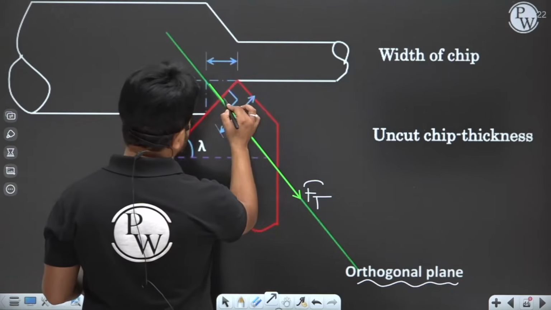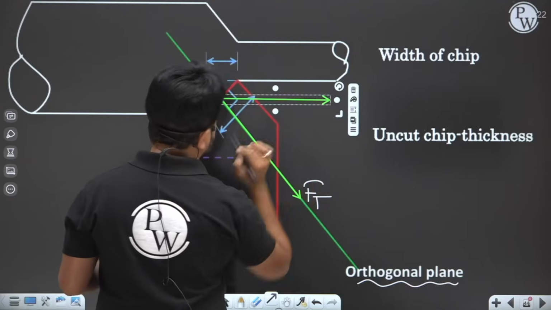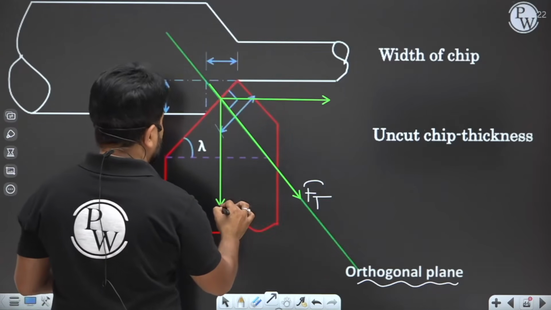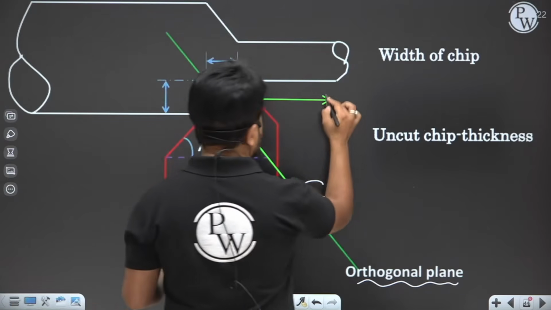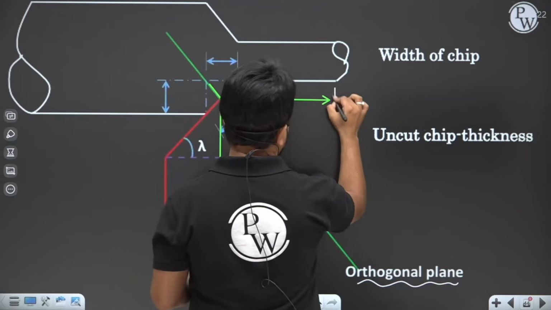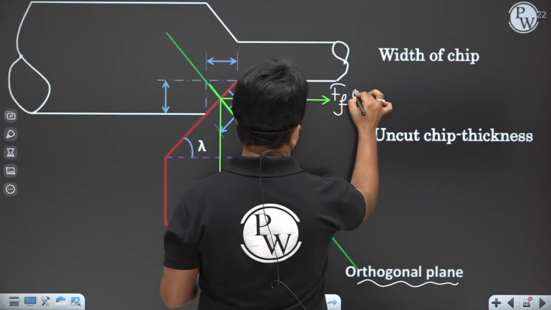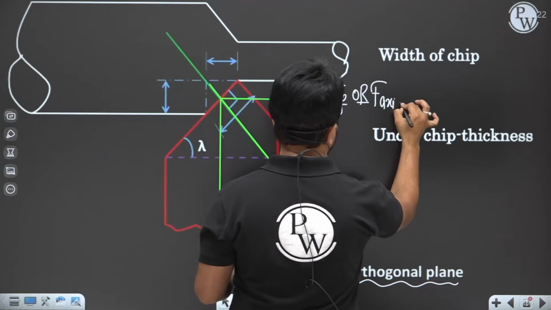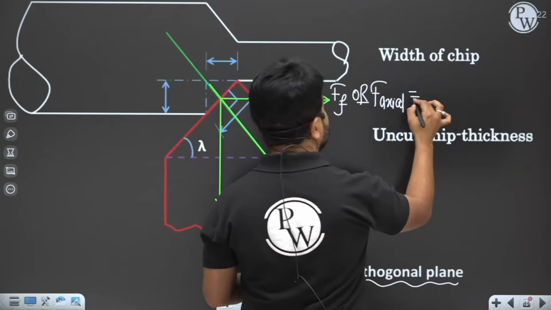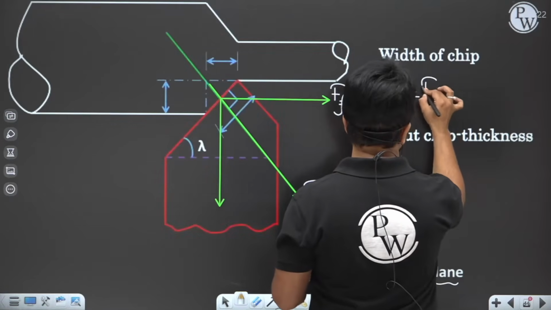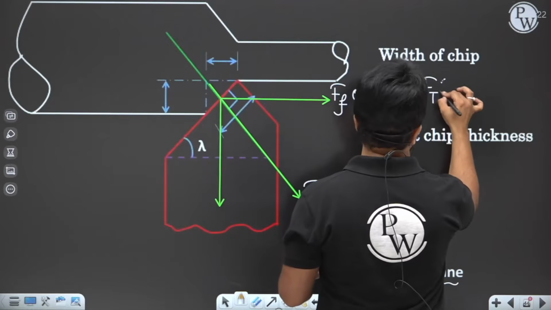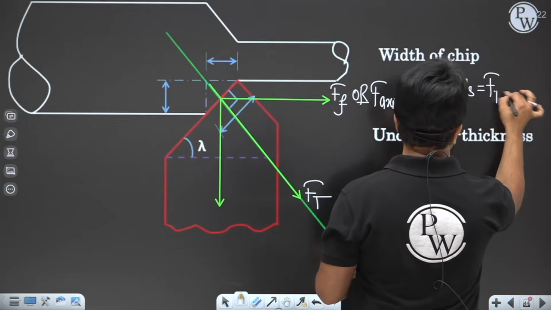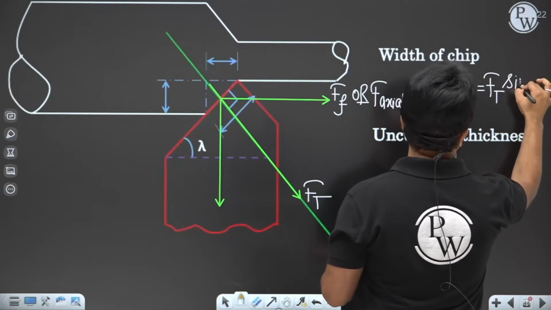Now if you take the component of r along the axis of rotation, that is, the component of Ft across the axis of rotation, this is your feed force, or sometimes we call it the axial force. It is Ft cos Cs, or sometimes Ft sin lambda.